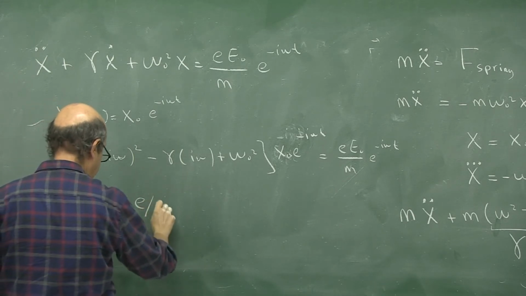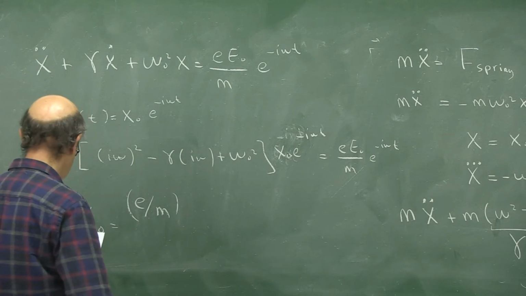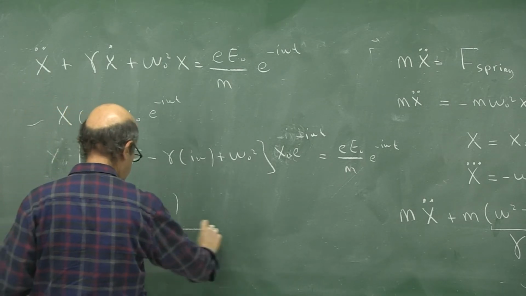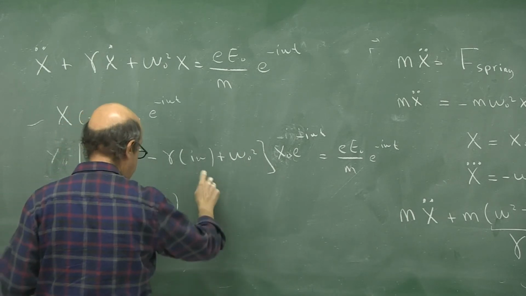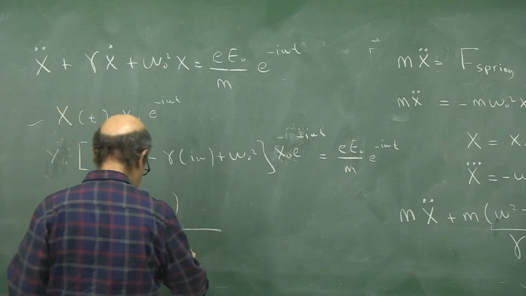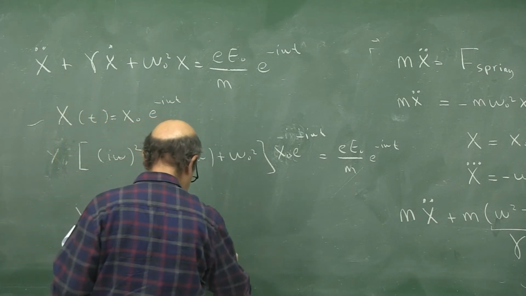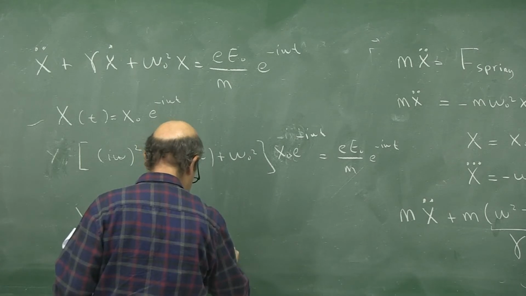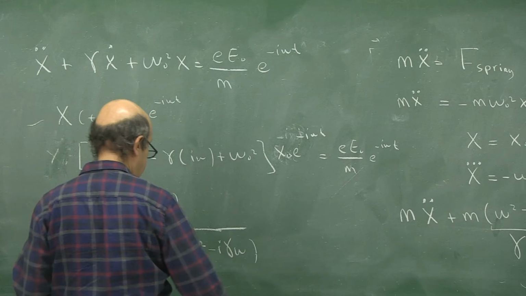E over m, omega 0 square minus omega square minus i gamma omega, and E0.